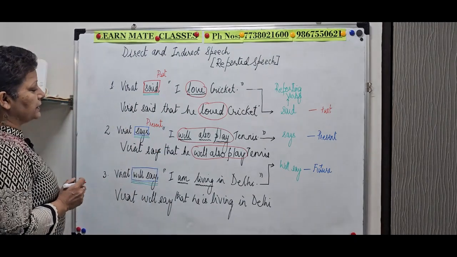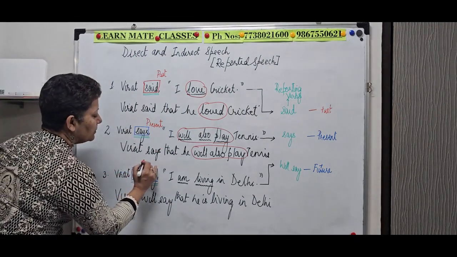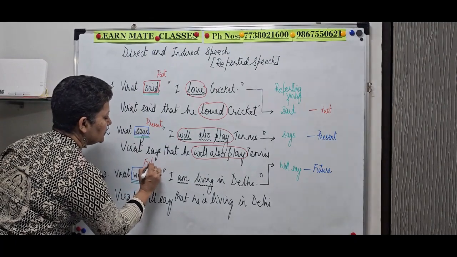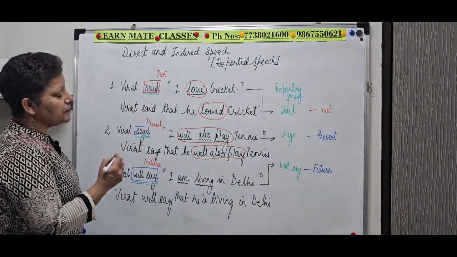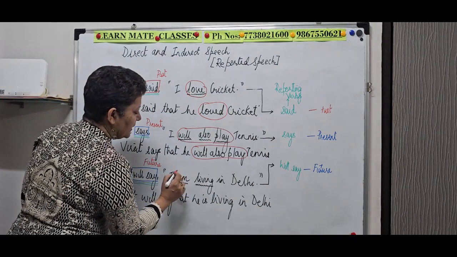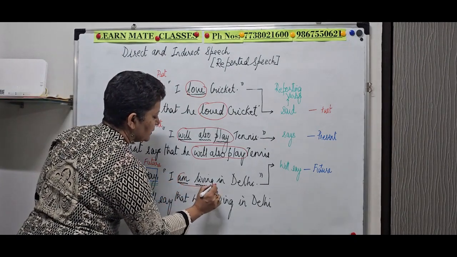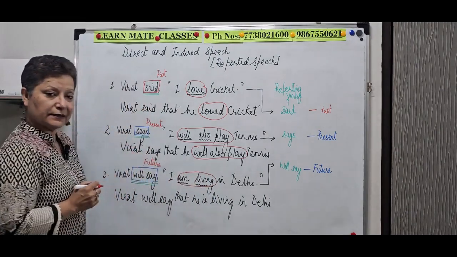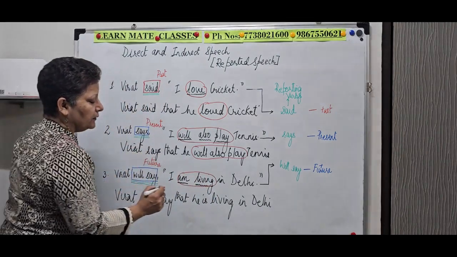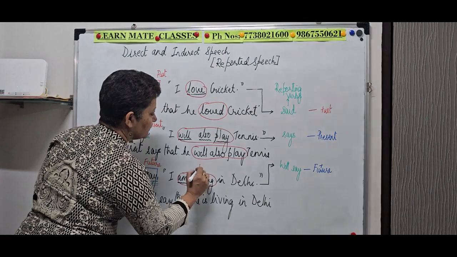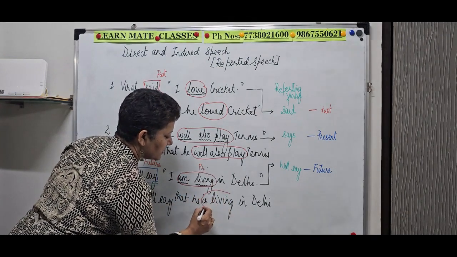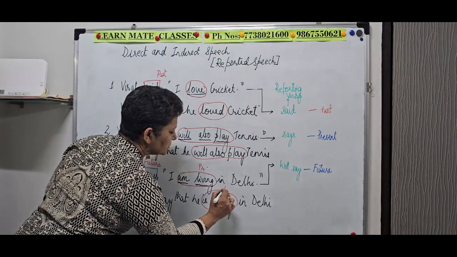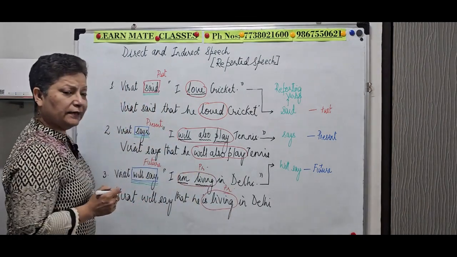Let's see what happens when my reporting verb in this case is in the future. What are my verbs inside? I am living in Delhi. It is in the present. This also continues to be in the present, right?